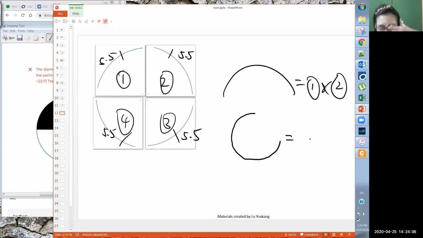The quadrant. Yeah, I'm already giving you 1, 2, 3, 4 already. So this one is given by what? 1. That's all. Just this piece.